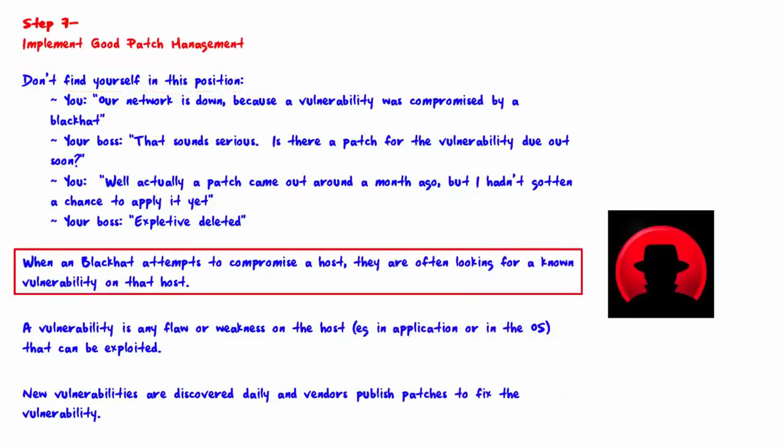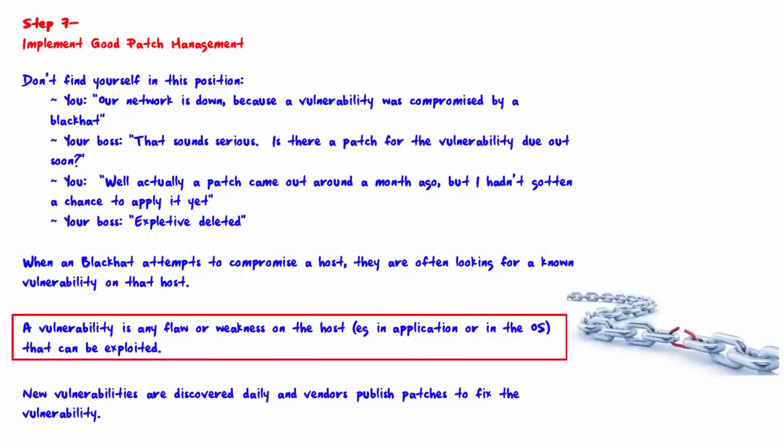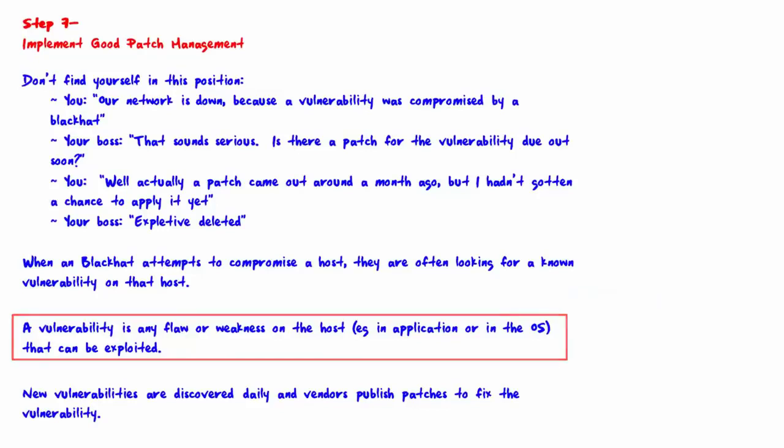When a black hat attempts to compromise a host, they are often looking for a known vulnerability on that host. A vulnerability is any flaw or weakness on the host, for example, in an application or on the operating system, that can be exploited.